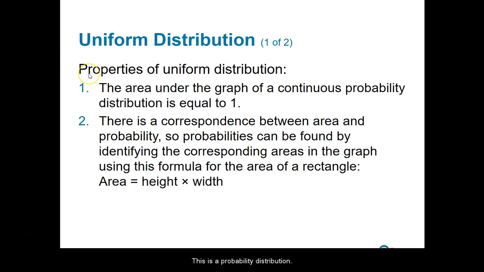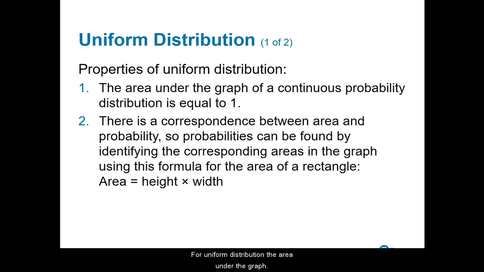Now, this is a probability distribution. So we're going to do a little bit of review over what a uniform distribution is. A uniform distribution is not a normal distribution, but it is a probability distribution in the same way.